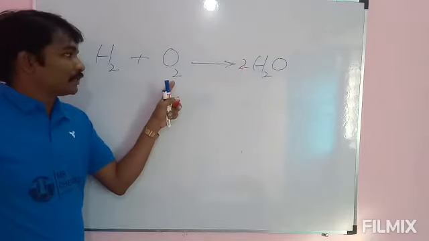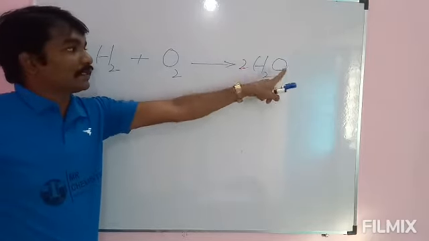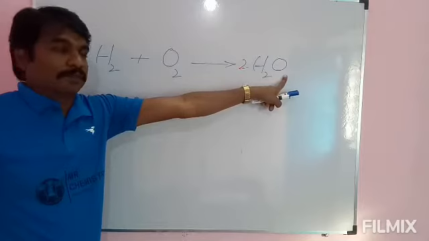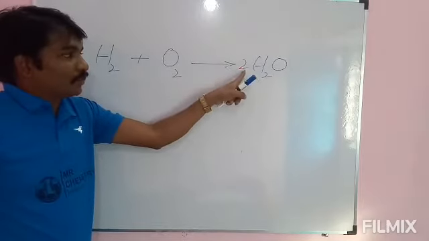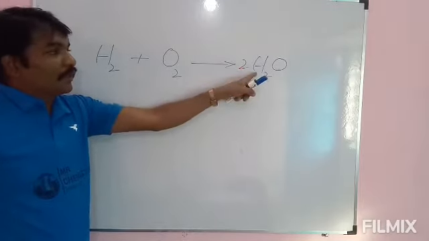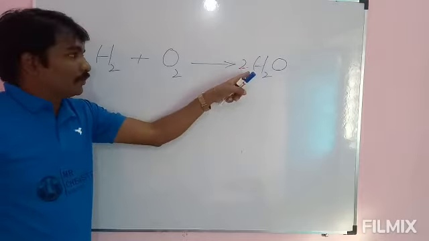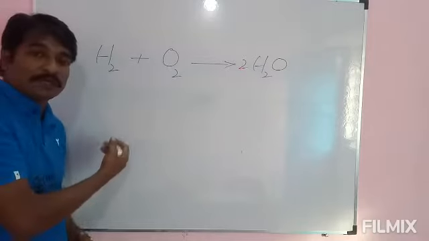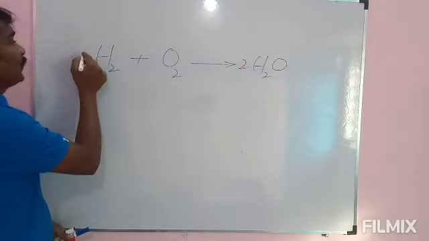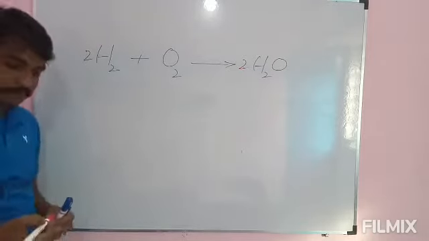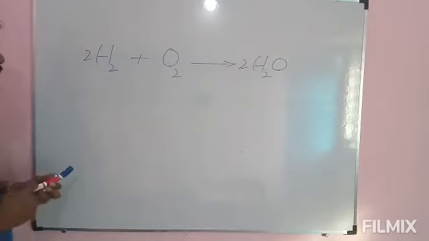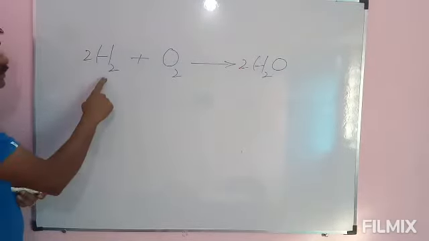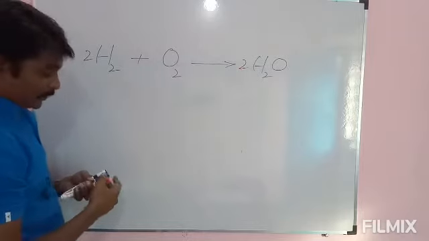Now oxygen atoms on the reactant side are 2 and on the product side are 2. But after writing 2 in front of H2O, the hydrogen atom number changed to 4: 2 into 2, 4. But here 2 are there. To make it 4 on the reactant side, we have to write 2 here. Now oxygen atoms are 2 on both sides, hydrogen atoms 4 on both sides.